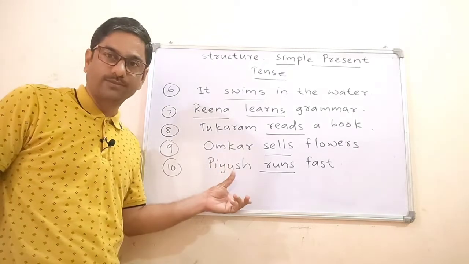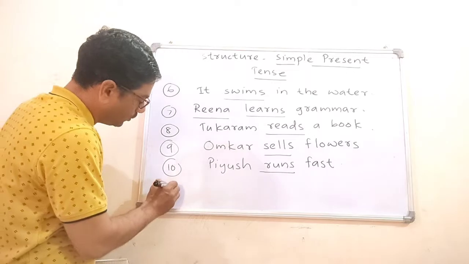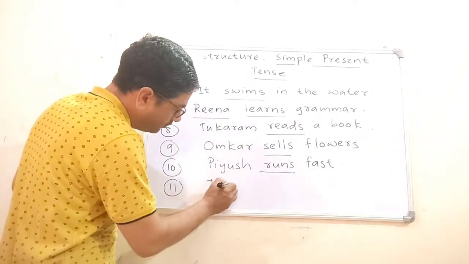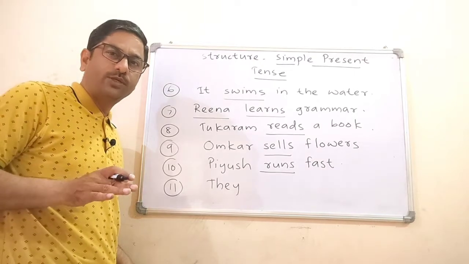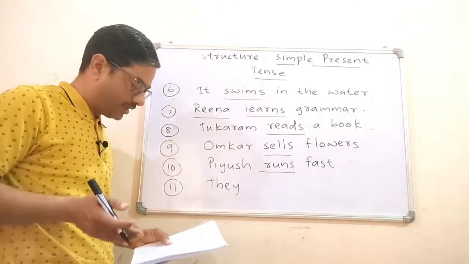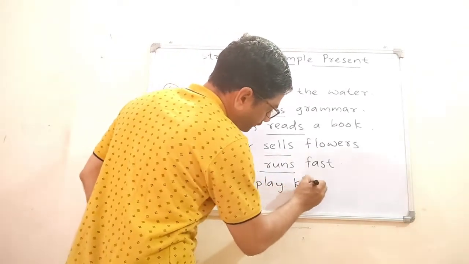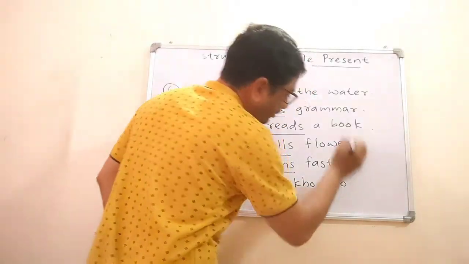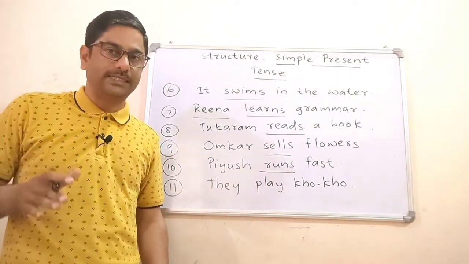So the s form of the verb. They play kho. Look here, they is plural, so the base form of the verb. There is no need to make use of the s form of the verb after they. So all these are affirmative sentences.